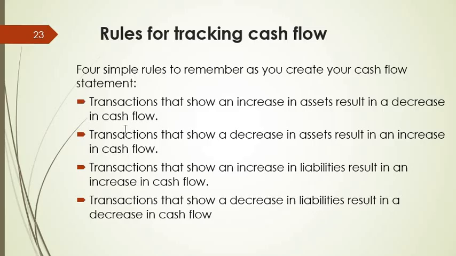Transactions that show a decrease in assets result in an increase in cash flow, as when you have sold your assets and received cash. Transactions that show an increase in liability result in an increase in cash flow, as when you borrow a loan, you get cash. And transactions that show a decrease in liability, when you have paid off your loan or interest, result in a decrease in cash flow.